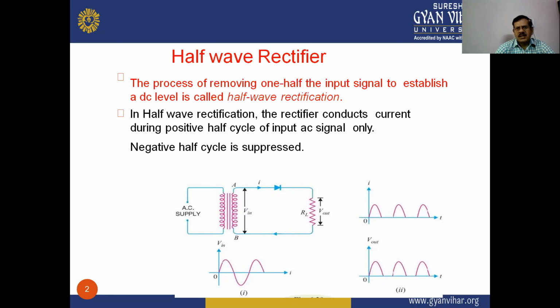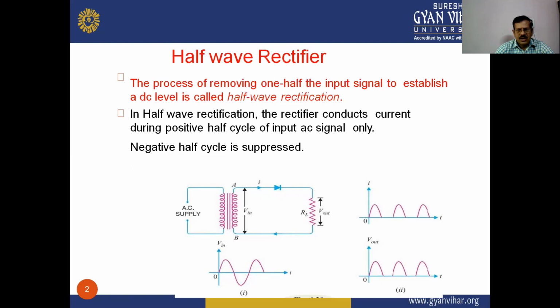In half wave rectification, the rectifier conducts current during the positive half cycle of the input AC signal only, and the negative half cycle is suppressed.